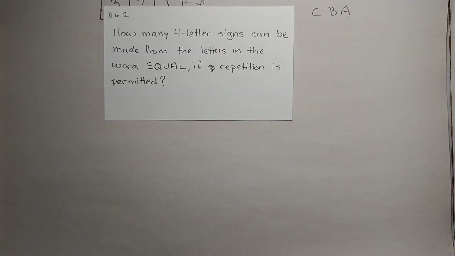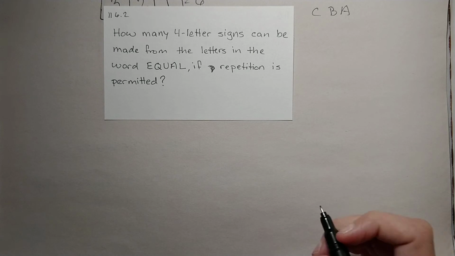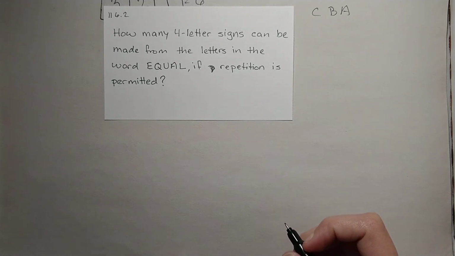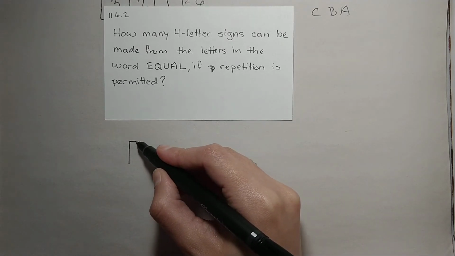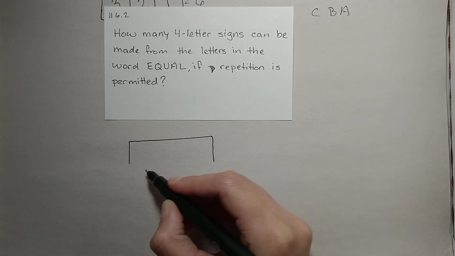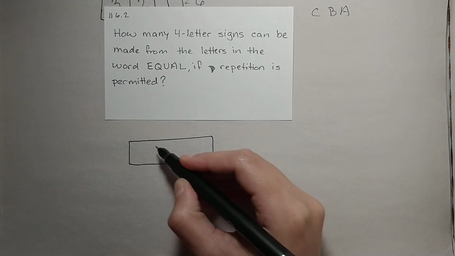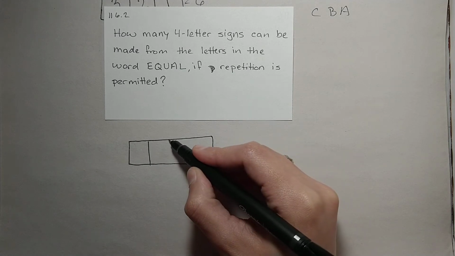Let's try another one, this time with letters again. All right, so how many 4-letter signs can be made from the letters in the word equal if repetition is permitted? All right, so here we are told that it has to be 4 letters in the sign. So that means we're going to have 4 boxes.